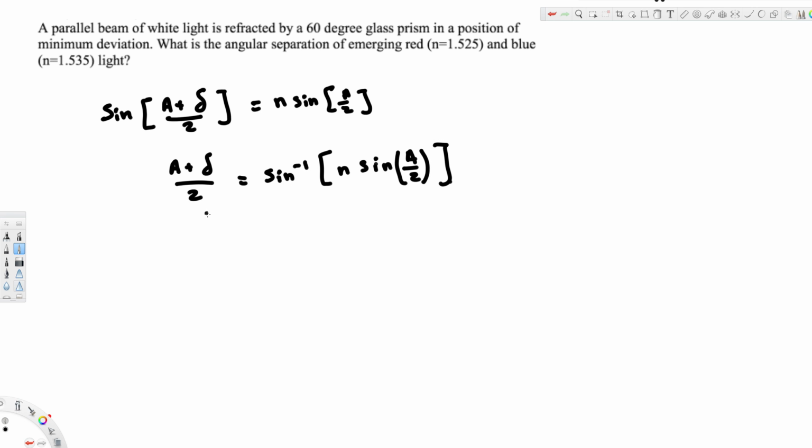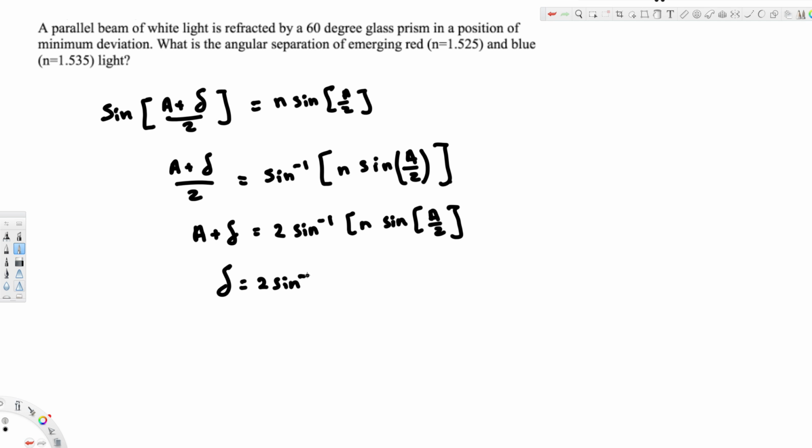Then we can move this 2 to the other side, so A plus alpha is equal to 2 sine inverse of n sine A divided by 2. And also we can move this A to the other side, so alpha is equal to 2 sine inverse of n sine A divided by 2, minus A, and that's our final equation.